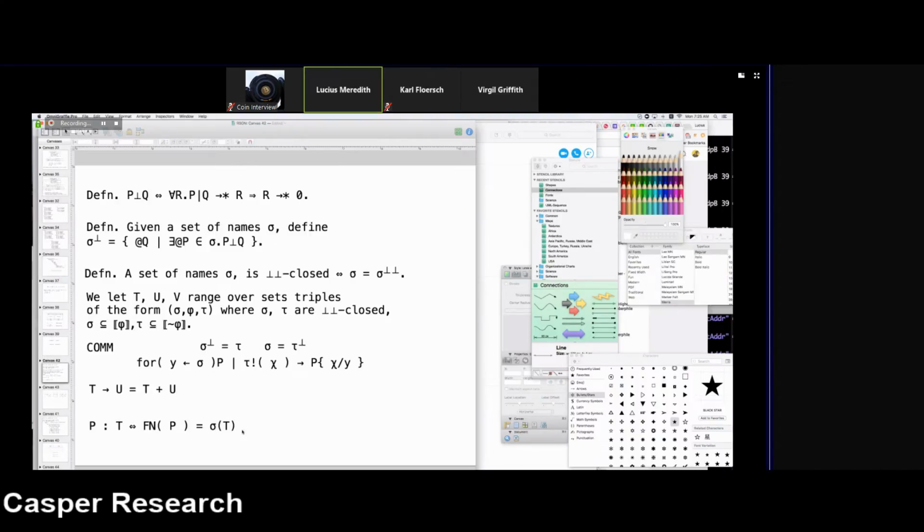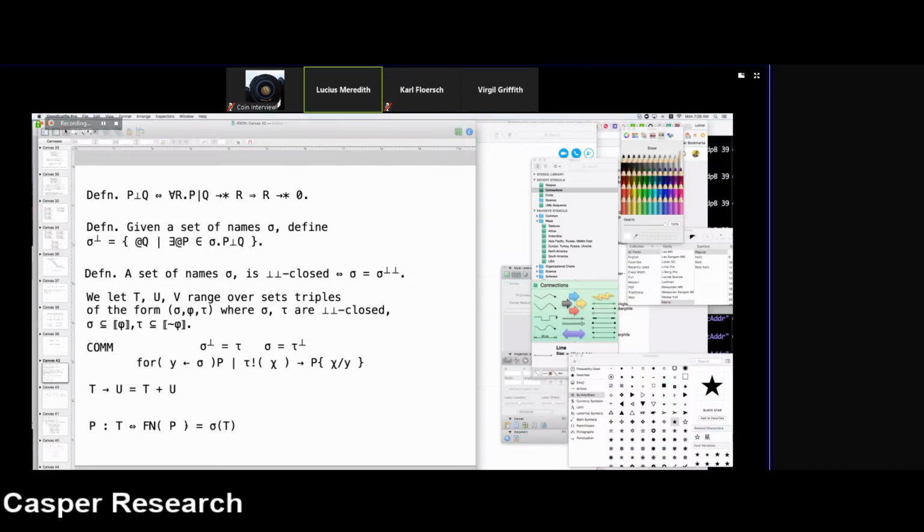So what do we mean by that? That means all the places. You can think of it as all the addresses that the Rholang contract P interacts with. So these things can now be thought of as addresses. So all the addresses here are described by the sigma of T, the first projection. We have T as a set of these things. We pull out all of them from T, and the free names, or the set of addresses where P can engage, is exactly that.